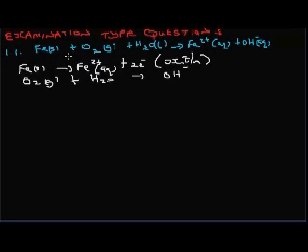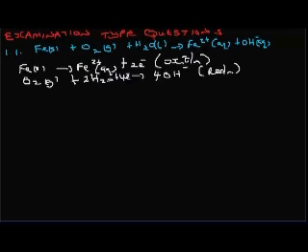But from our standard reduction potentials, this reaction has 4 electrons, and we also have 4 hydroxyl ions. As we can see, we are adding electrons. Remember, we defined reduction as the addition of electrons. Therefore, this one is a reduction reaction.